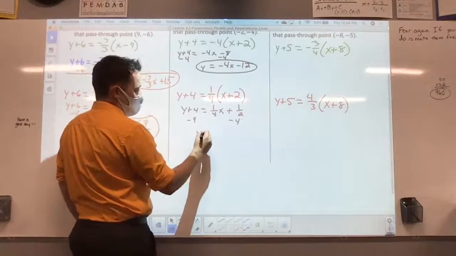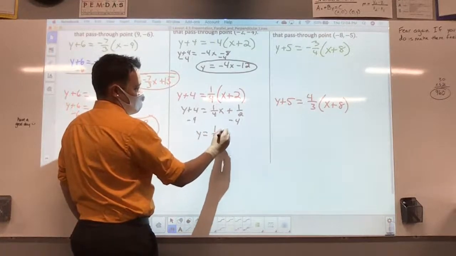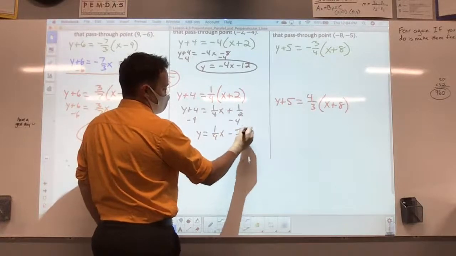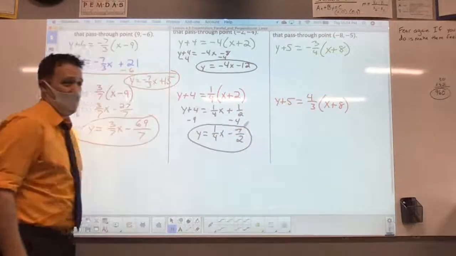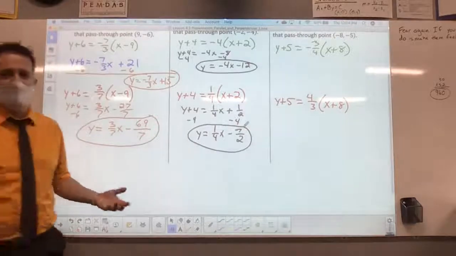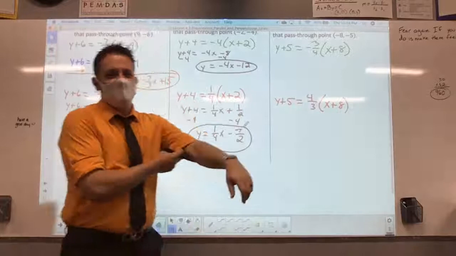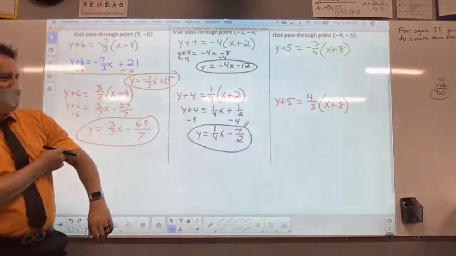So you get y equals 1/4 x minus 7 over 2, right? 3.5. Hopefully you got that part too. Any other questions on this?